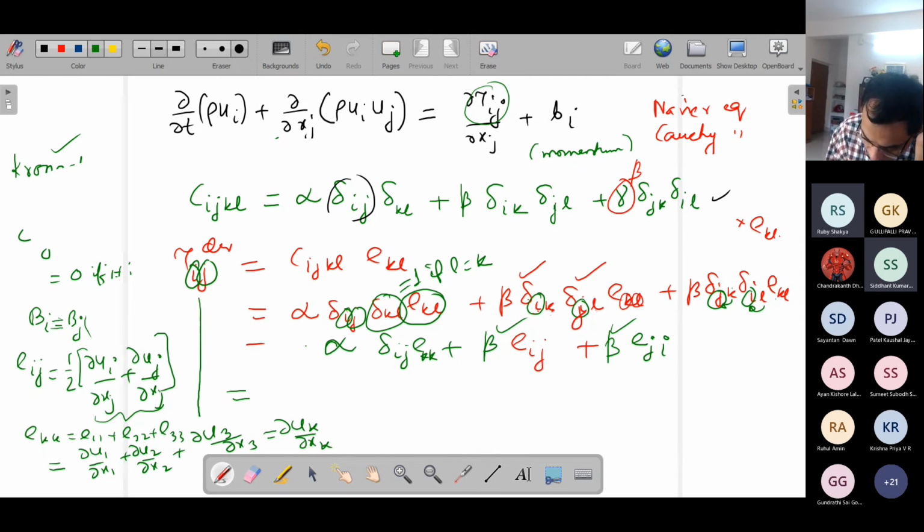So that means the tau ij deviatoric is alpha into this one plus beta into this one.